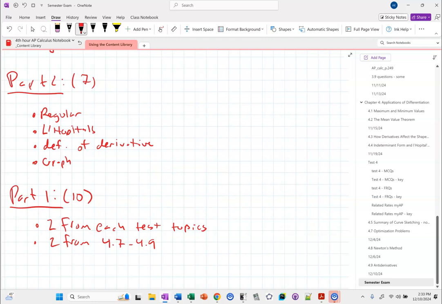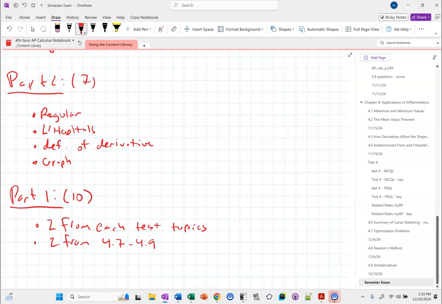You should know how to check for those things. You know what I'm saying? What to look for. You should be able to do limits, derivatives, antiderivatives.